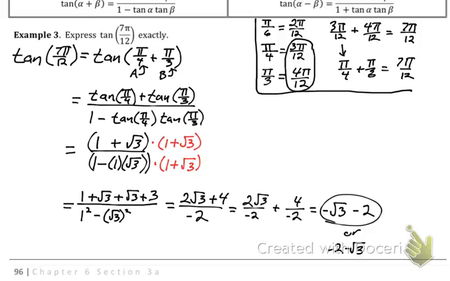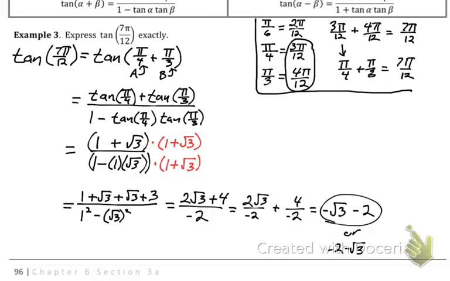How did you go from 2 square root of 3 plus 4 over negative 2 to 2 square root of 3 over negative 2? Do you see how this is the exact, like, remember when you add fractions? You just add the numerators?